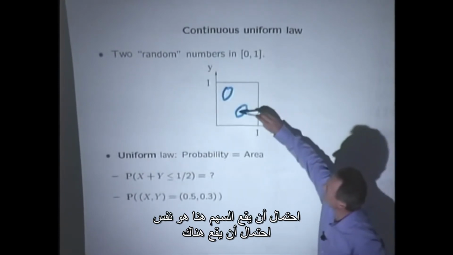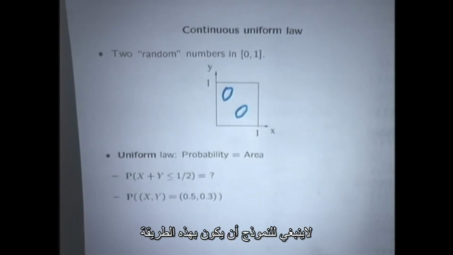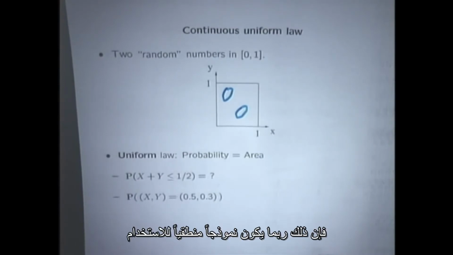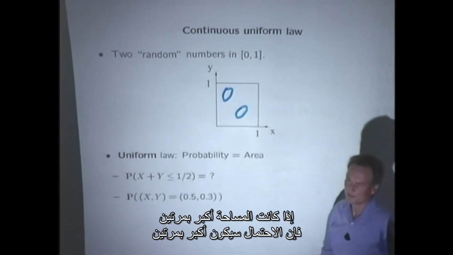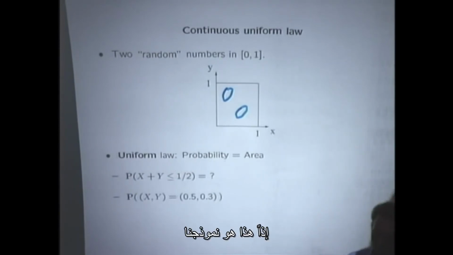The probability that I fall here is the same as the probability that I fall there. The model doesn't have to be that way. But if I have complete ignorance of which points are more likely than others, that might be a reasonable model to use. So equal areas mean equal probabilities. If the area is twice as large, the probability is going to be twice as big. So this is our model.